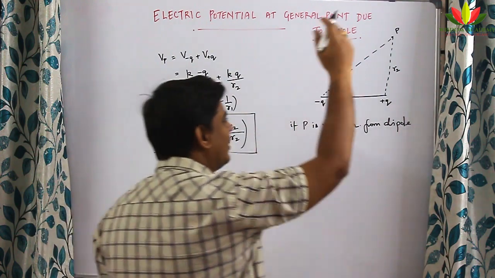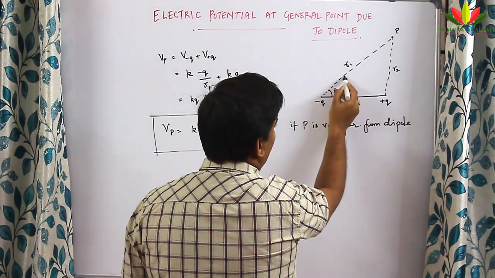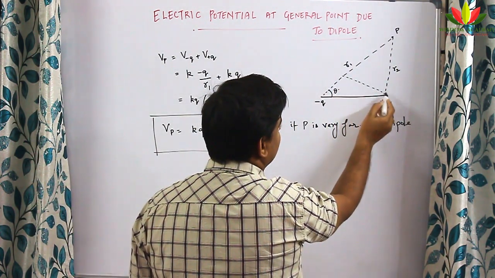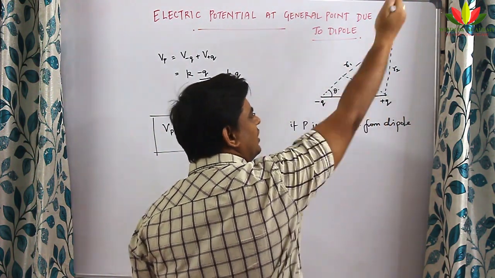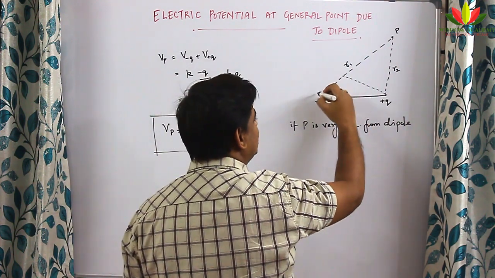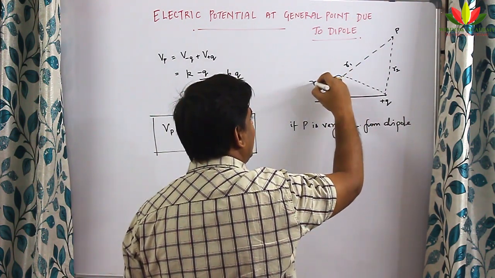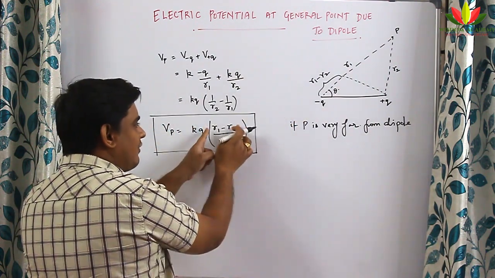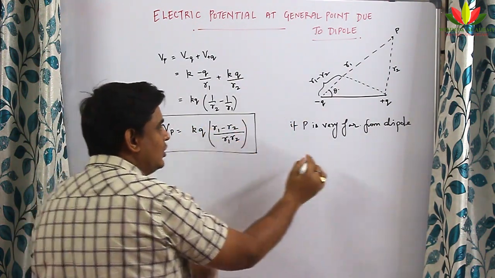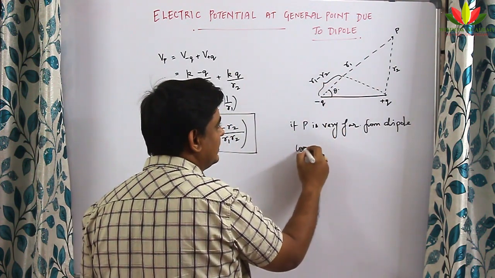So if it is very, very far, then if I drop a perpendicular here, then if it is R2, this will also become R2 approximately. They both are going to be very far. So this distance will be R1 minus R2. Since I want to find R1 minus R2, I also want to find R1 R2.